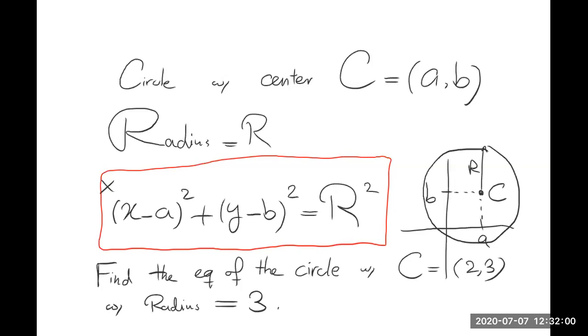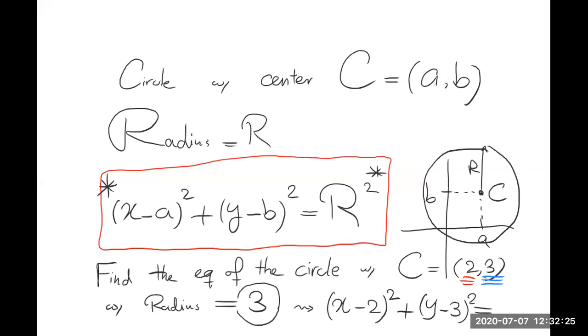Using this formula here, you would say the equation is x minus 2, the first coordinate, squared plus y minus 3, the second coordinate, squared, equals r squared, the radius. Radius is 3, 3 squared is 9. That would be the equation of this circle. So in this way, we can write down the equation of any circle in the plane.